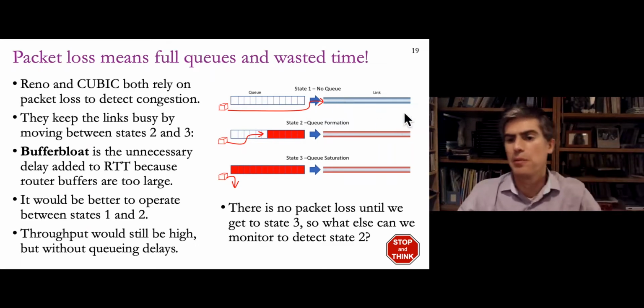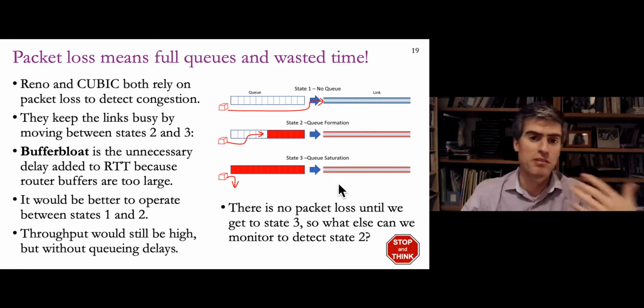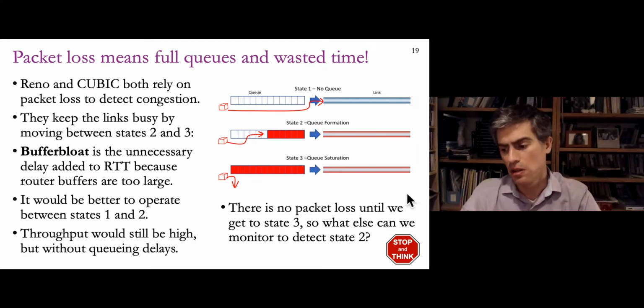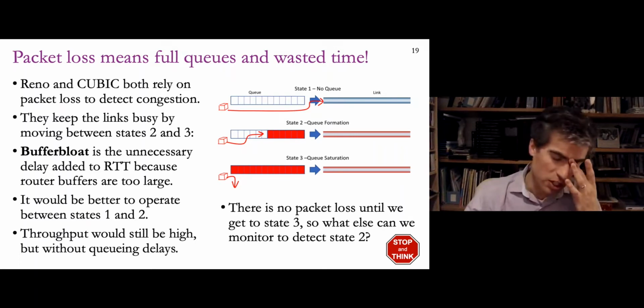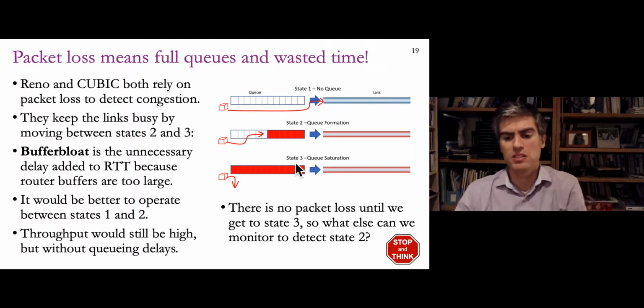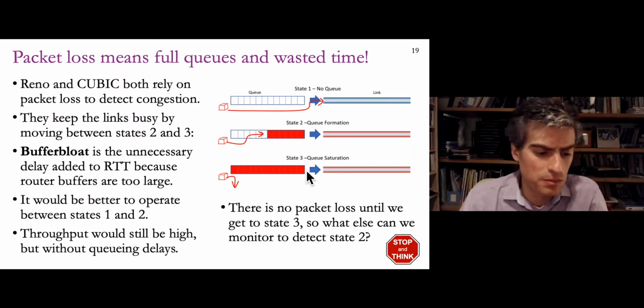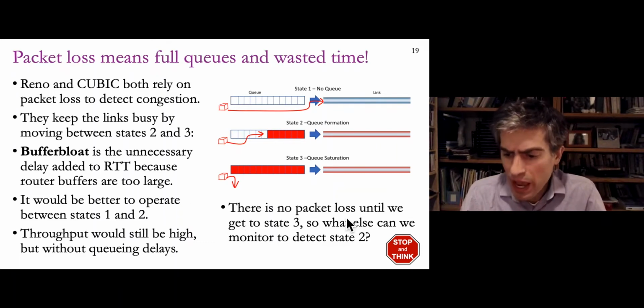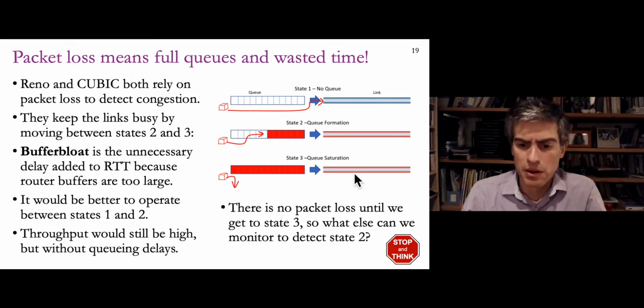So if you're trying to implement a gaming application and using TCP Reno or Cubic, you might end up slowing the interactivity, the delays between the different players affecting each other, getting their events loaded and shared, because they're sending data at a rate that's so fast that the queues are full, right? So I want you to stop and think how you can monitor the network in a different way.